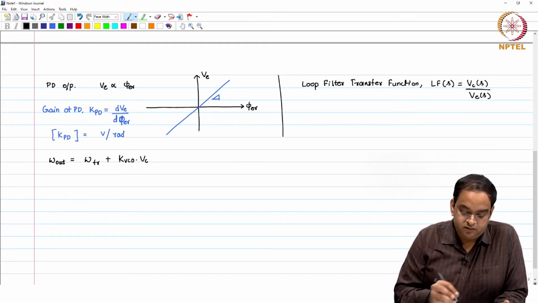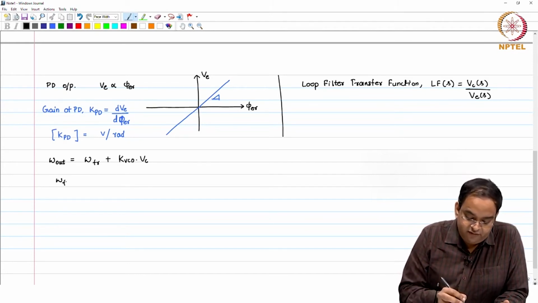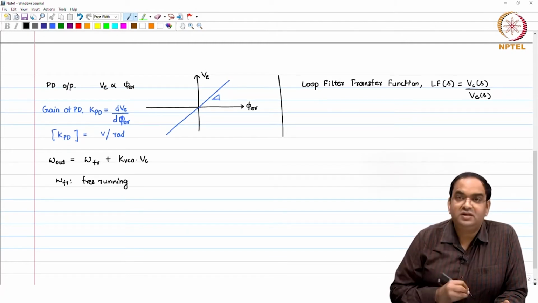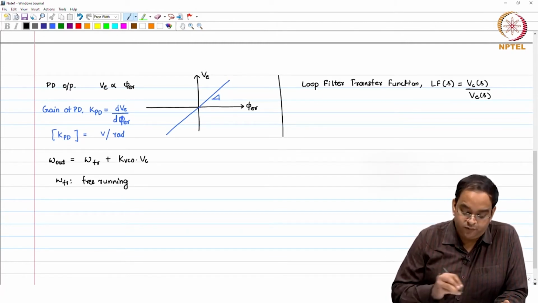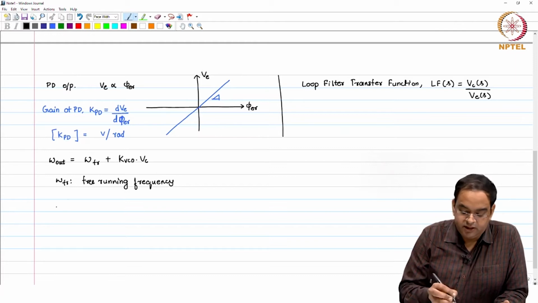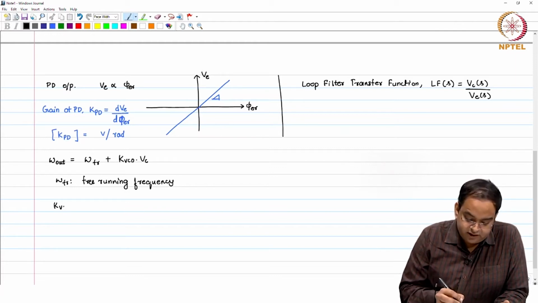Every term has a meaning here. Omega free is the free running frequency of the oscillator. The oscillator is a block which generates these sinusoidal outputs, and K VCO is the gain of the oscillator.